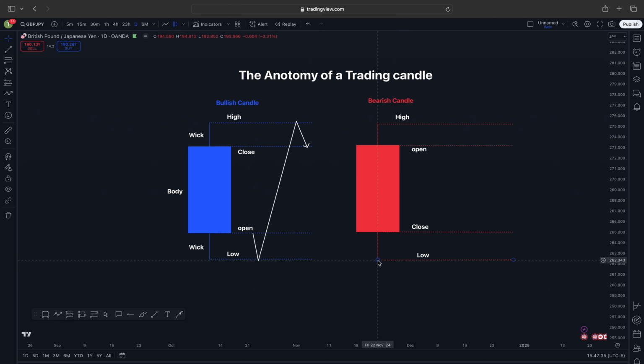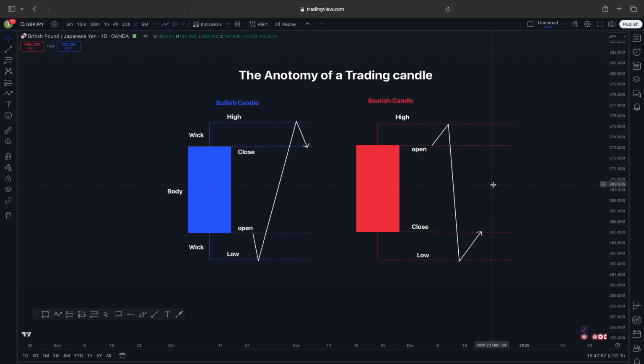So this signifies the lowest the candle went before closing, and this signifies the highest the candle went when it opened. So the movement for this would be open, then it moves up, then it comes down, goes low, and then closes right here.